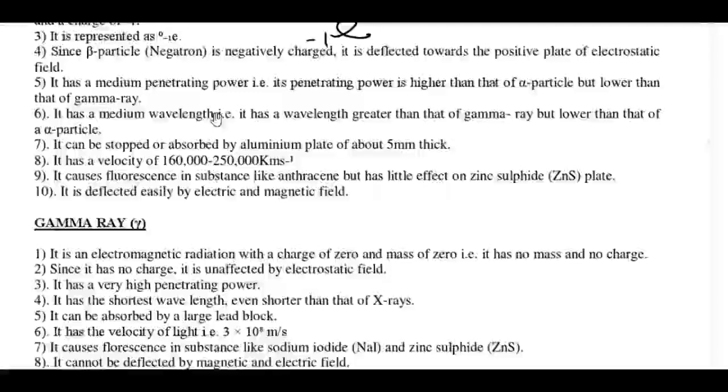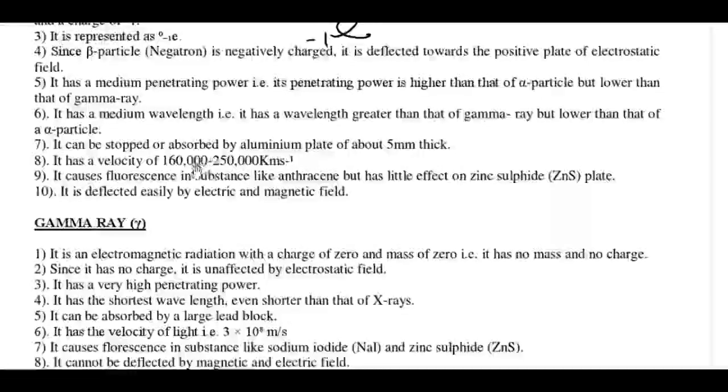It has a medium wavelength. It has a wavelength greater than that of gamma ray but lower than that of alpha particle. And it can be stopped or absorbed by aluminum plate of about 5 millimeter thick.